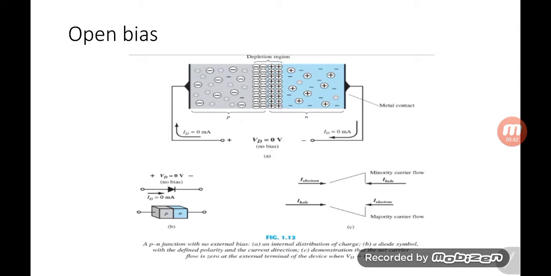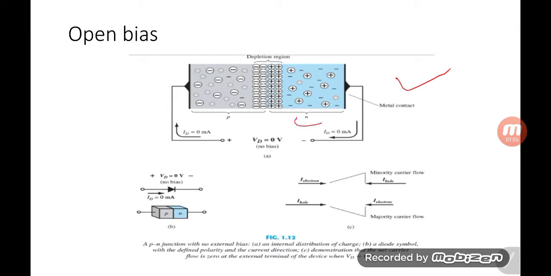So at the instant the two types of materials are joined, the electrons and the holes in the region near the junction will recombine, resulting in a lack of free carriers in the region near the junction, as shown in the figure.